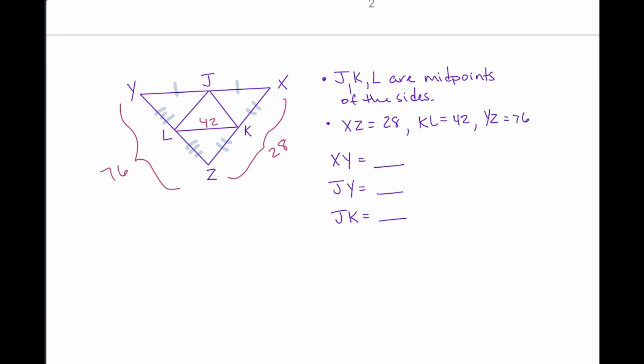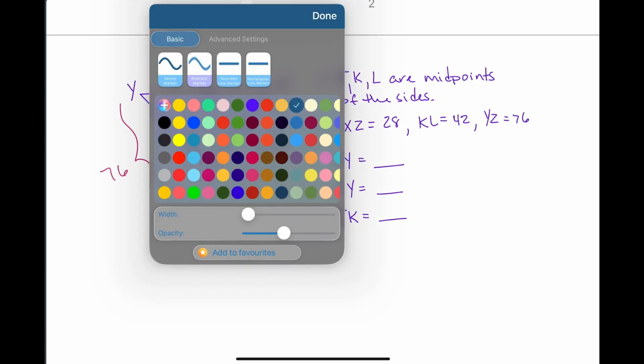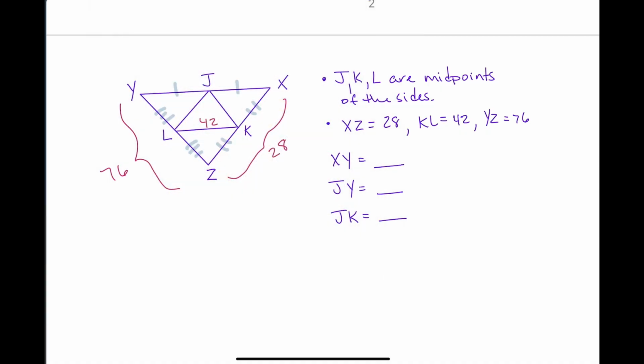This is not a center we've learned. This is something we learned in Unit 3, and these are called mid-segments. When a segment cuts two sides in half at the same time, so it's cutting YX in half and XZ in half, then it is a mid-segment.